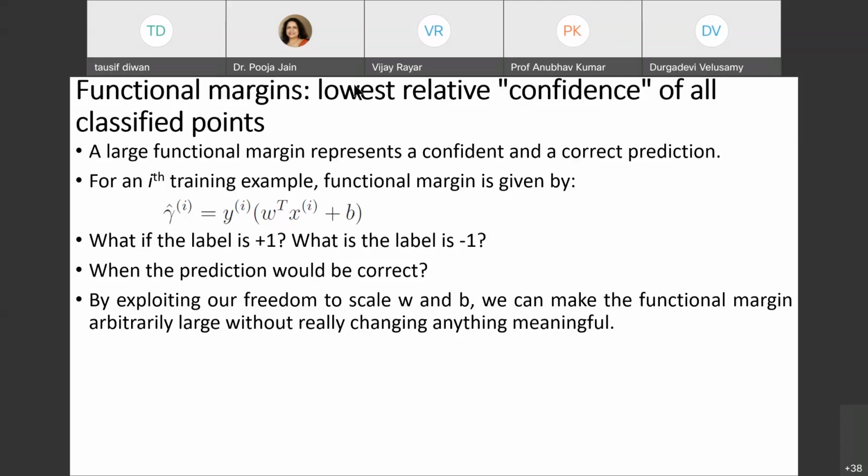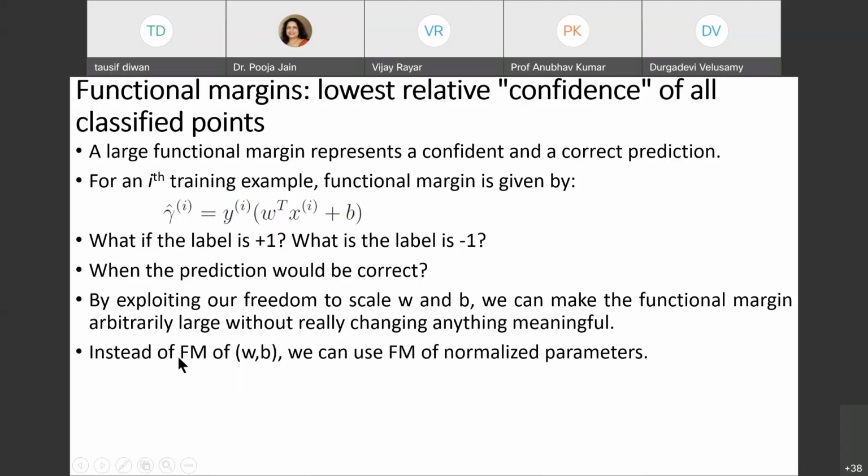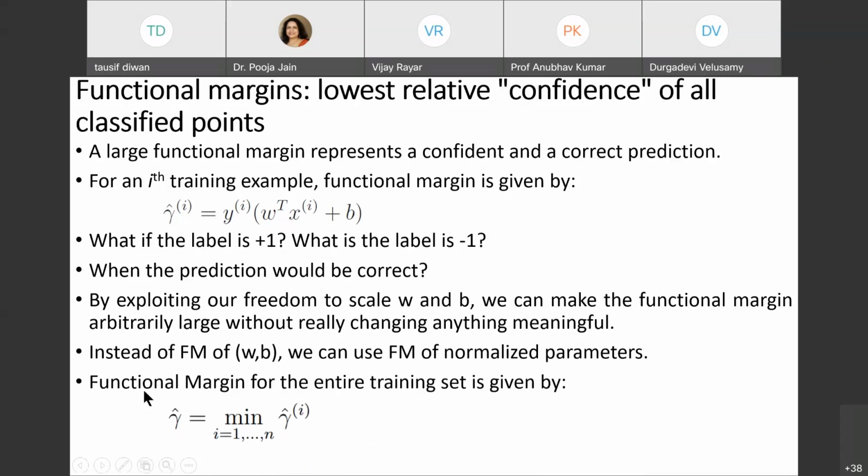See here, this was the functional margin, in which we were targeting correct classification. This was the functional margin for the ith sample. Now suppose we want to define the functional margin for the entire training set, what should we do? The functional margin for the entire training set is given by the minimum of gamma i, for i from 1 to n.